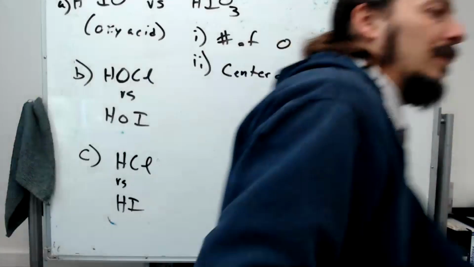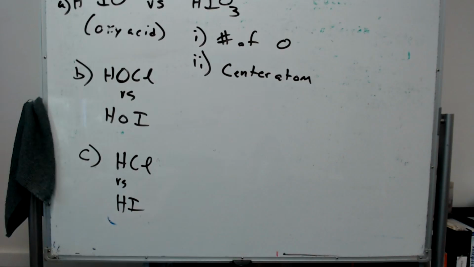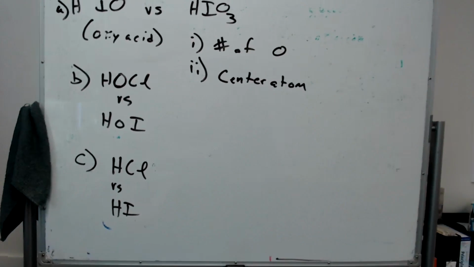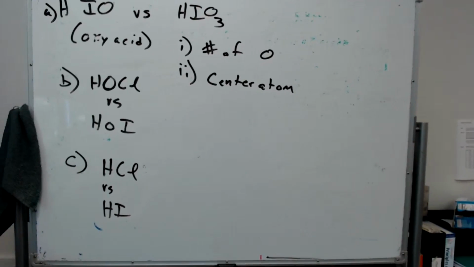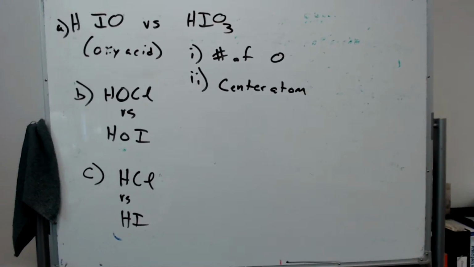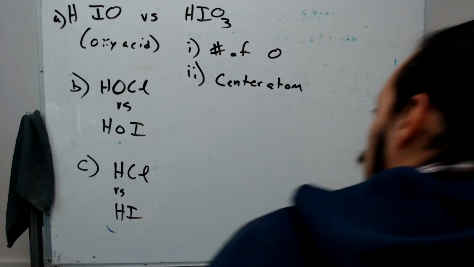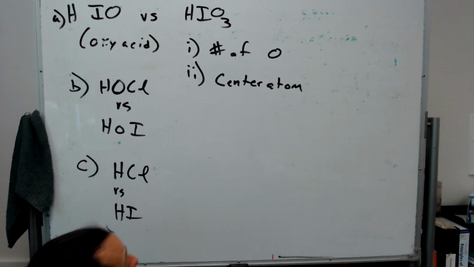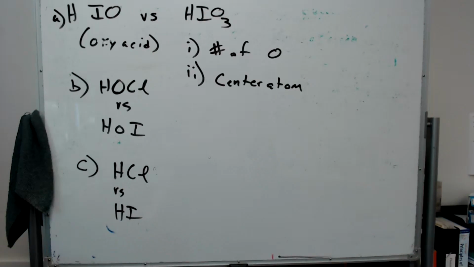I always cut off the top a little bit. There we go. So the first thing whenever we're trying to assess the strength based on structure of an acid, the first thing we have to do is make sure we're in the right category, so we're getting the right dependence.